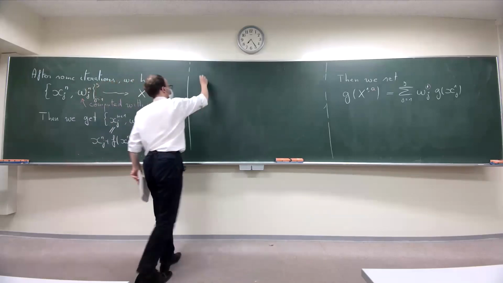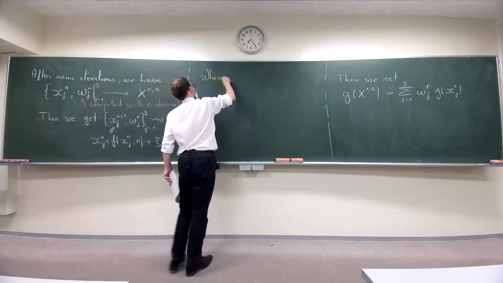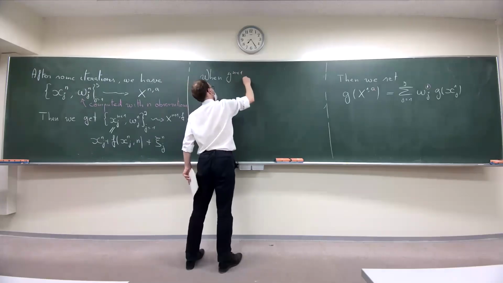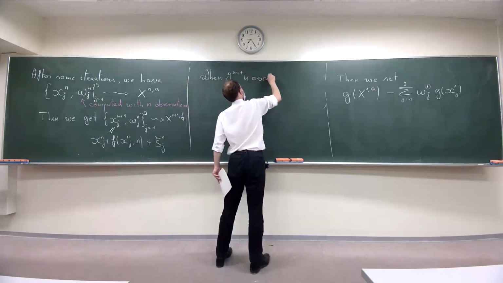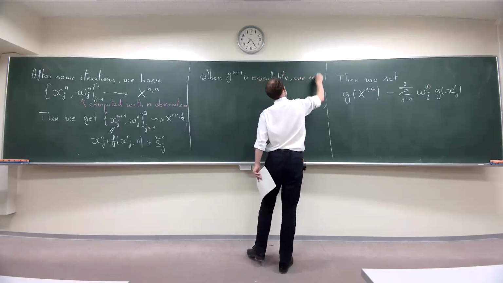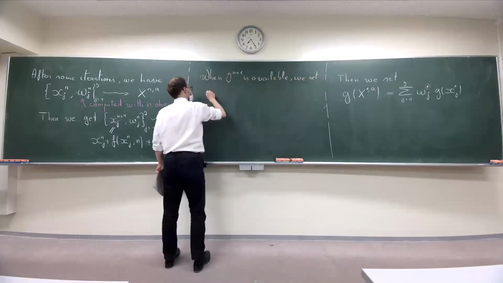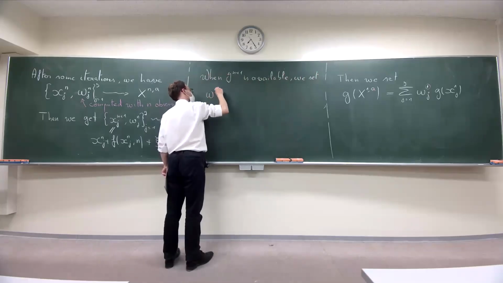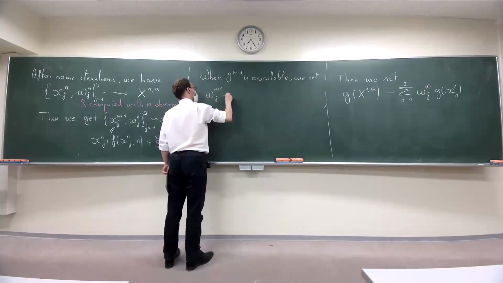When the next observation is available, when y n plus 1 is available, I compute a new weight, w n plus 1 j.